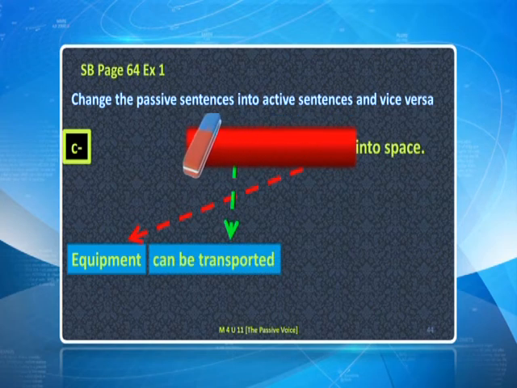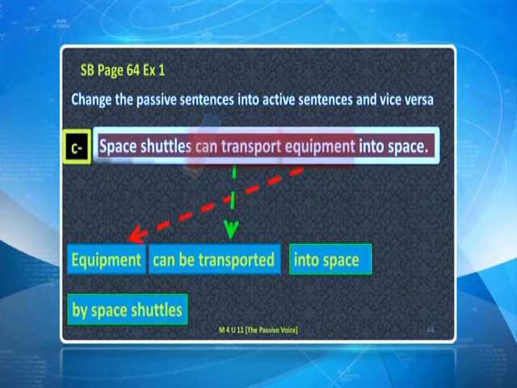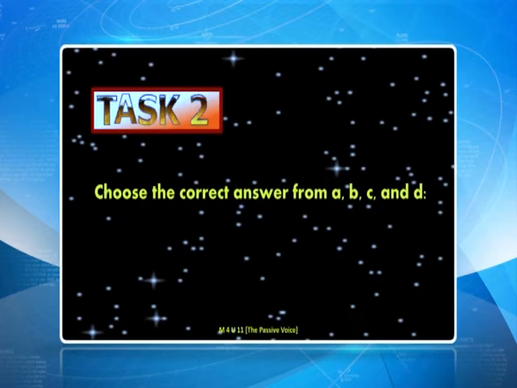Change it into can be transported, can, modal verb, plus be, plus verb in the past participle, into space, and then bring by space shuttles. So the sentence, space shuttles can transport equipment into space, becomes equipment can be transported into space by space shuttles.